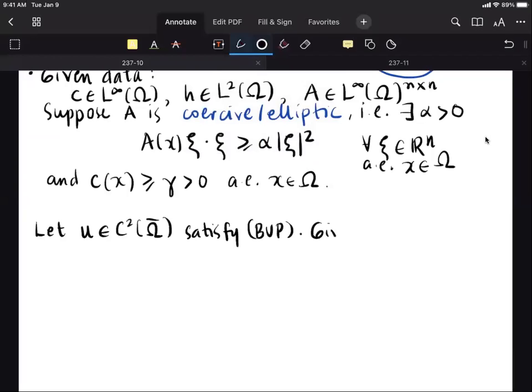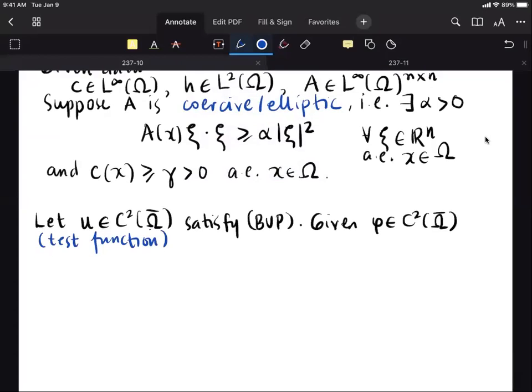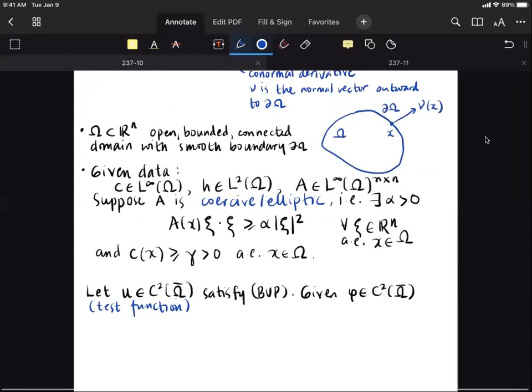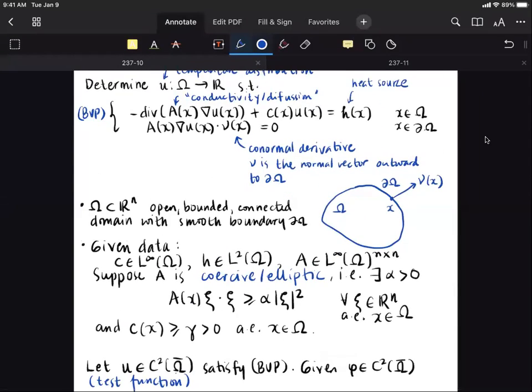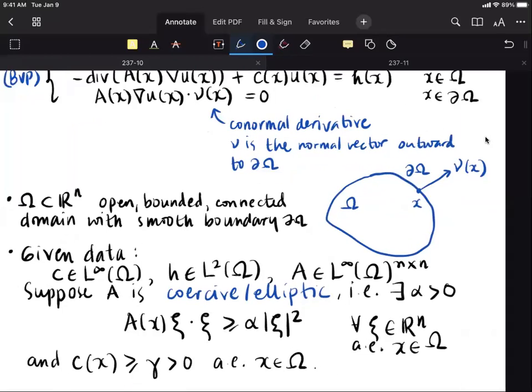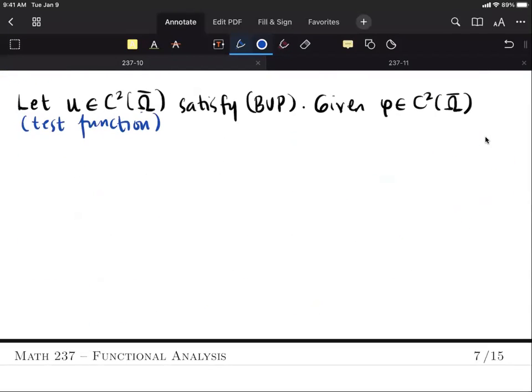Now, given, let's say, a phi, which is also C2, this is what we call a test function. What we do is we multiply the first equation, that is the differential equation, by phi, and then integrate both sides. And from this, we obtain the following equation.